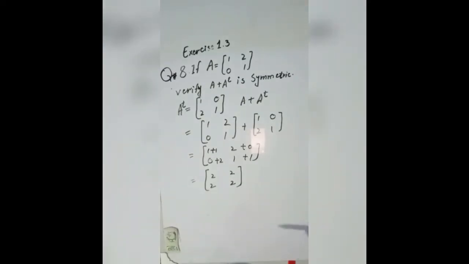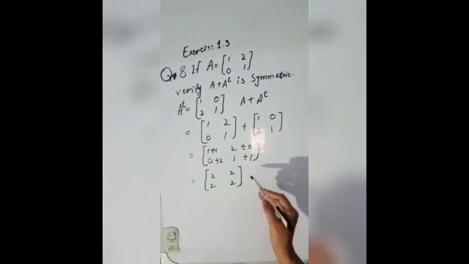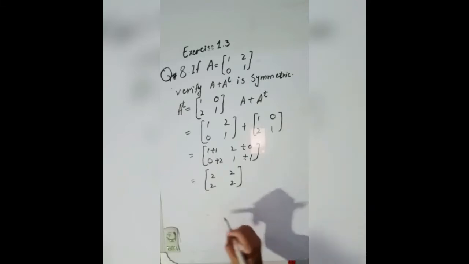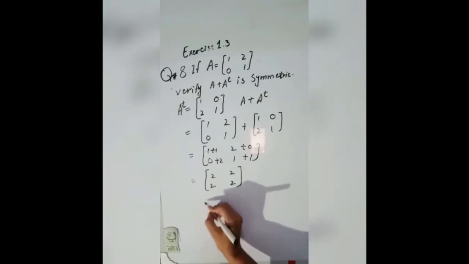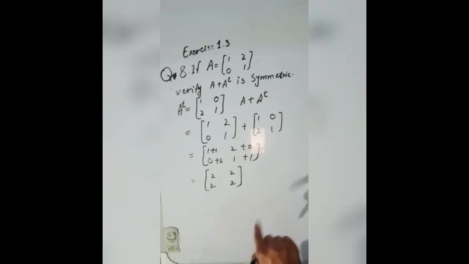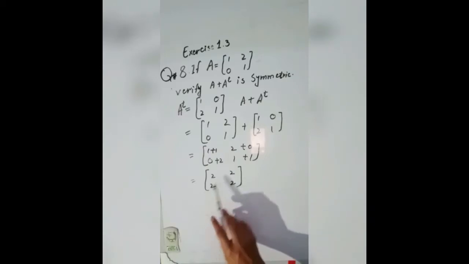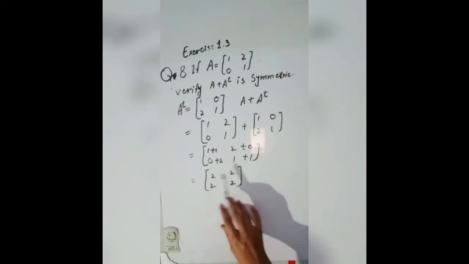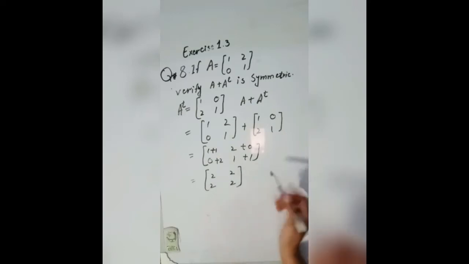Now we have to check either this matrix is symmetric or not. For symmetric, we have to find if the matrix is equal to its own transpose, then the matrix is called symmetric matrix. We can see all the entries are same. If we take the transpose of this matrix, we got the same matrix.